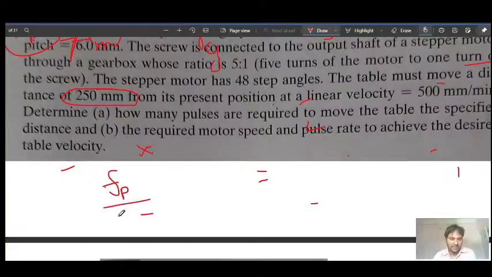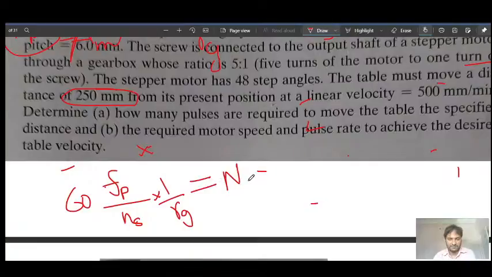We have derived Fp as Ns, number of step angle, then 1 by Rg, and multiply with 60. We derived this formula for Ns, the screw RPM.